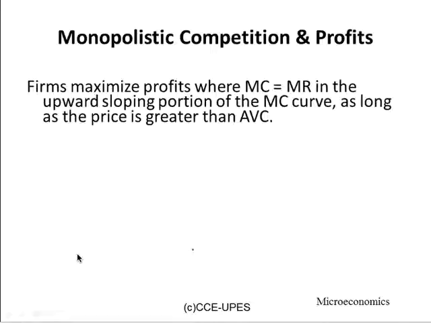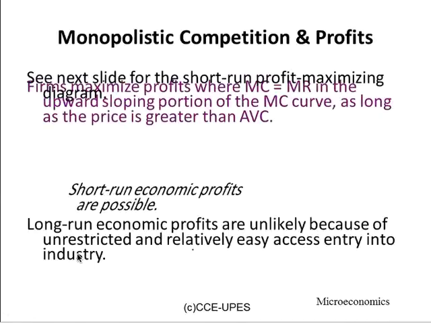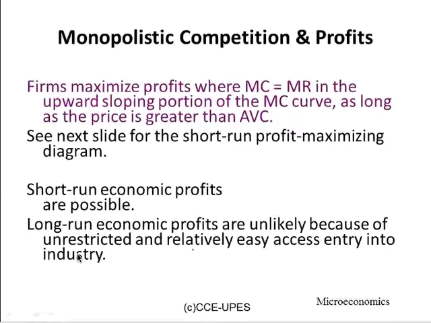Now, in monopolistic competition, here also the guideline for maximizing profit is where MC is equal to MR, and MC is on the upward swing portion, and the price has to be greater than average variable cost, because below that, why should a person sell anything?